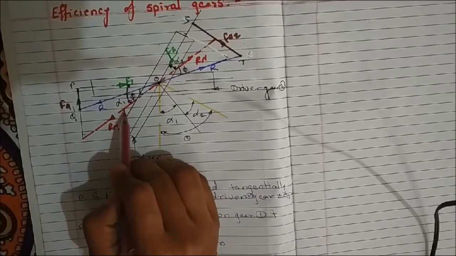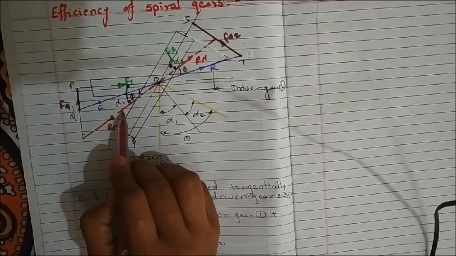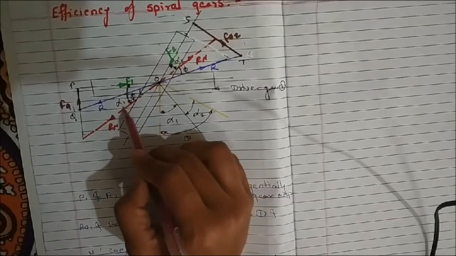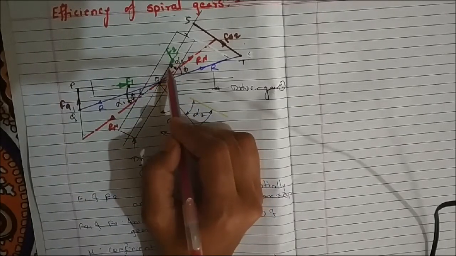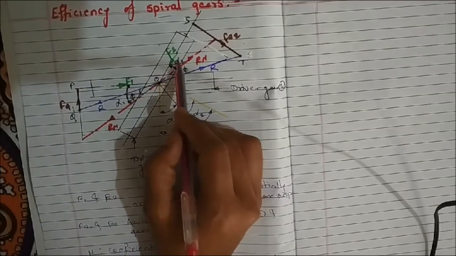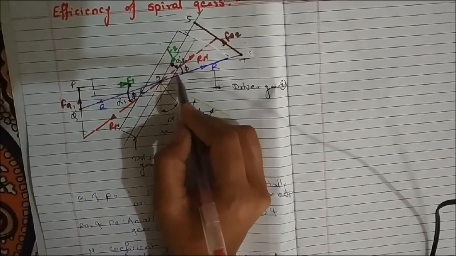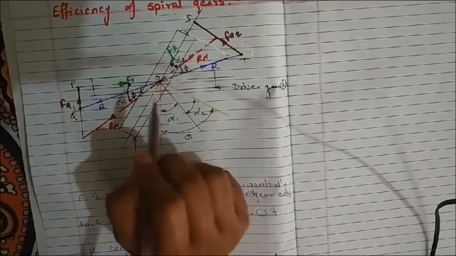Here we get alpha 1, the angle between tangent and normal, and again here we have alpha 2 with the normal plane and transverse plane, we get the spiral angle alpha 2.